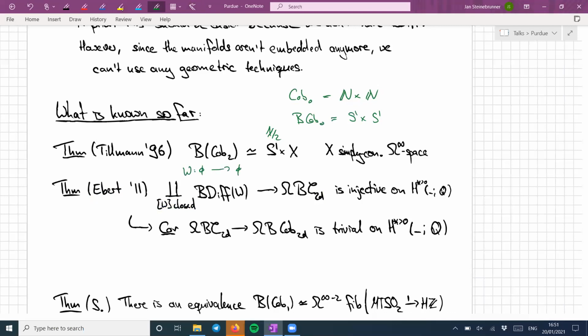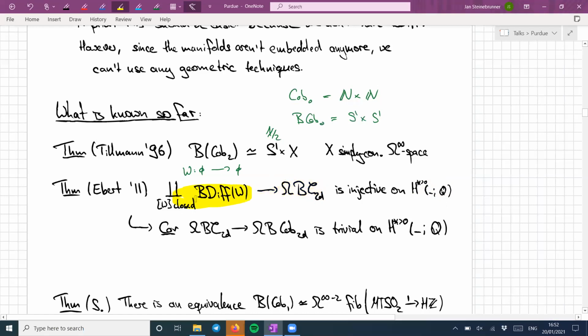And the moduli space of this manifold, so B diff of W, therefore lives in the classifying space of the bordism category. And so there's a canonical map. And what he showed is that this is injective on rational cohomology. So it means that any of these, if they're higher dimensional generalizations, can be detected non-trivially on one of these manifolds.